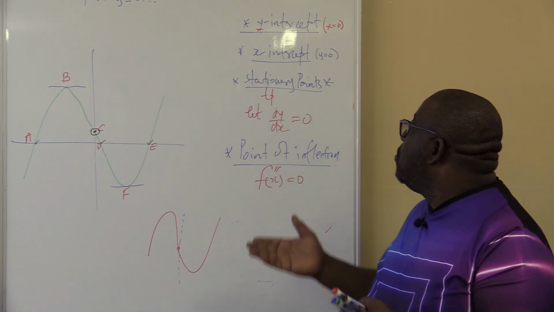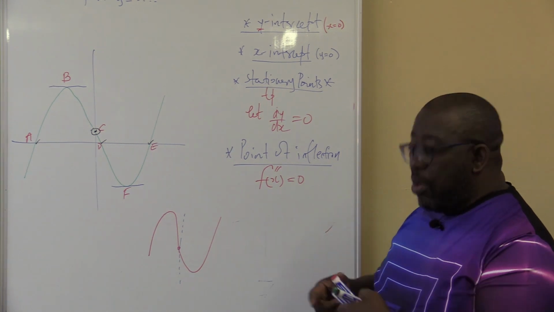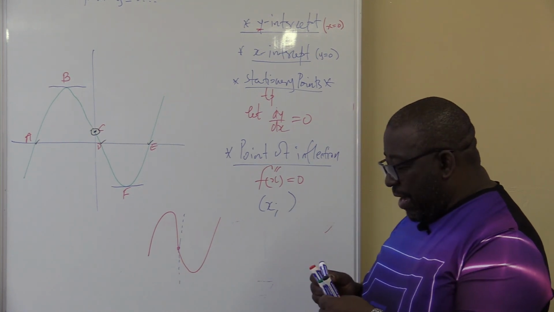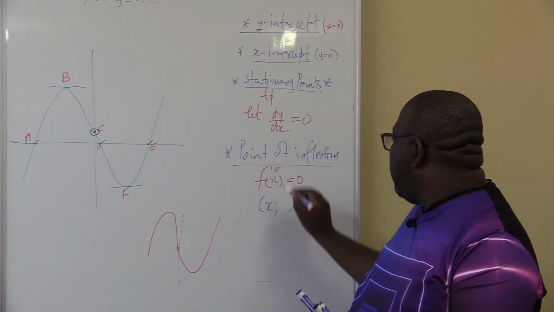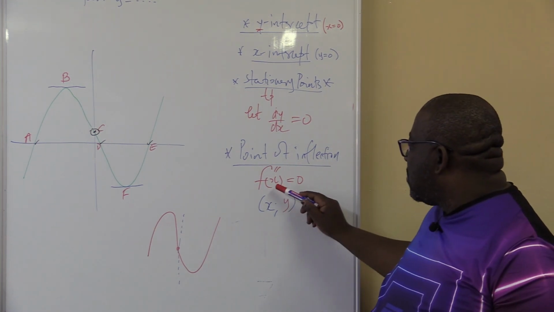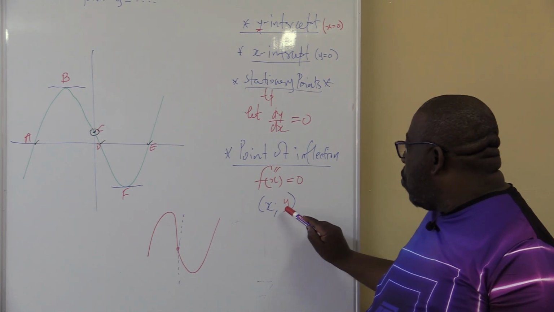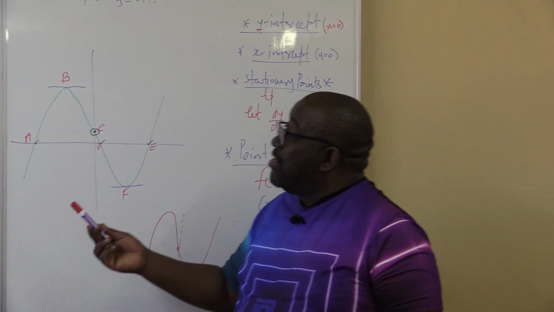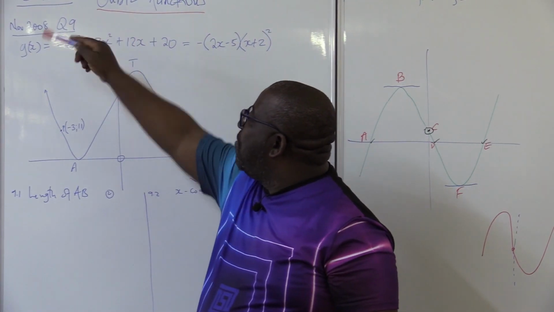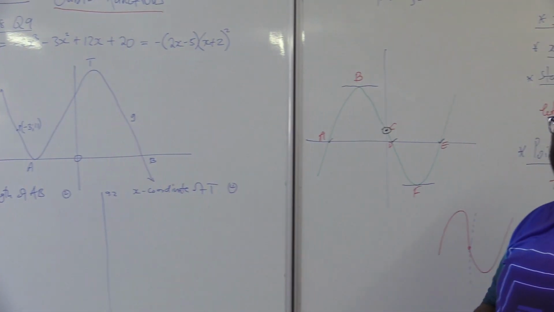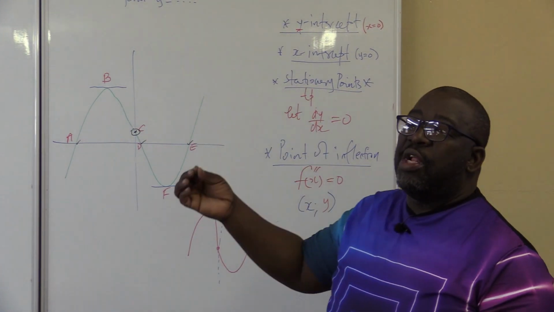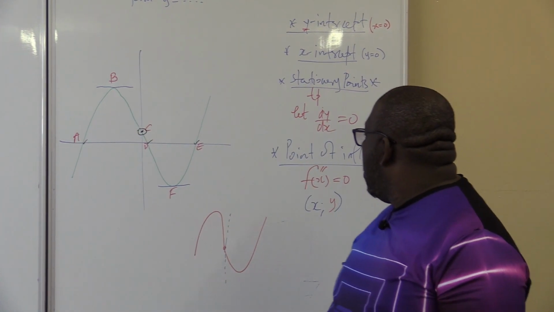To find the corresponding y value of the point of inflection, remember you've already found your x through the second derivative. To find y, you go to the original equation. For example, you put the value of x there, and the value of y will come from that original equation. You substitute the value of x of your point of inflection into the original equation to find the corresponding y value.